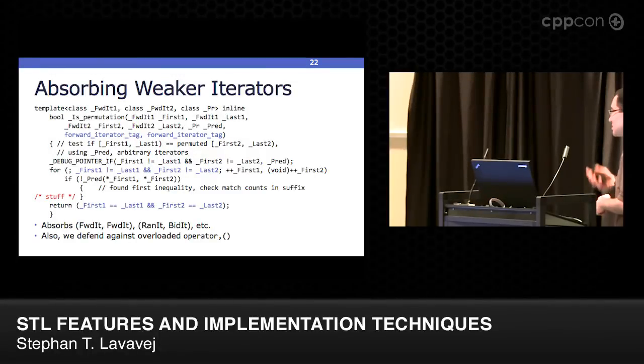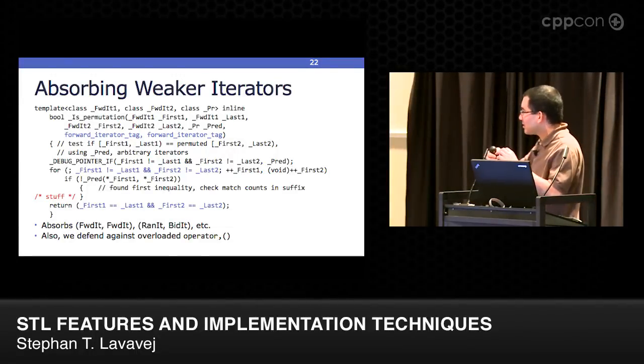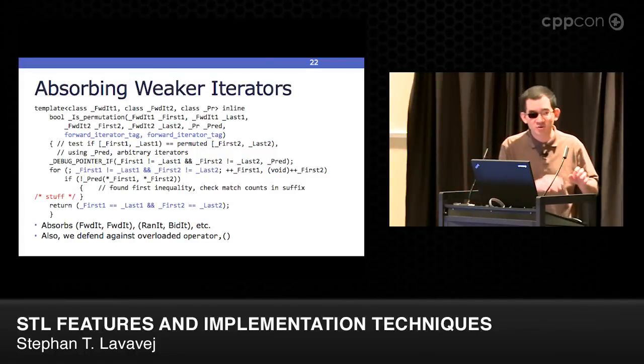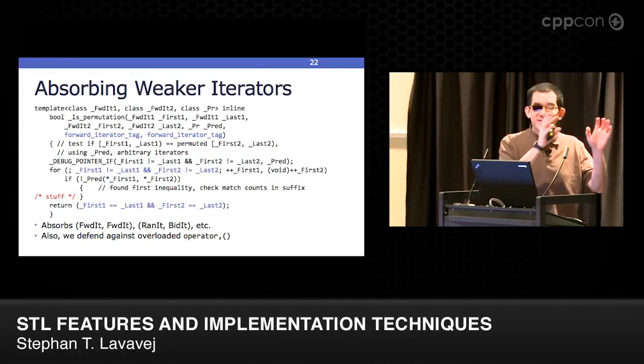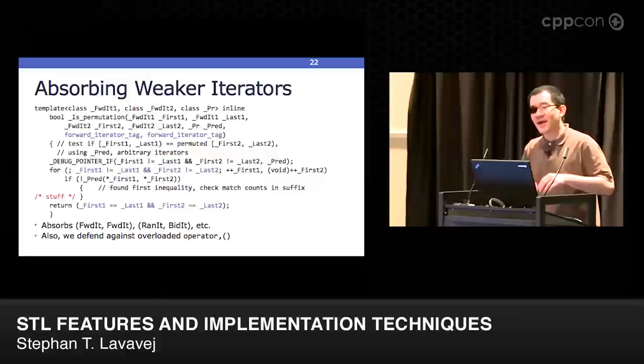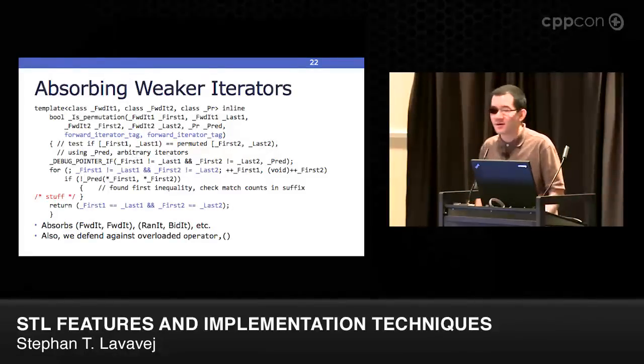Overload resolution, thanks to this inheritance tag hierarchy, ensures that we basically do a cool if test. If the first range and the second range are random, then call the overload that takes two random tags. If that's not the case, if one or both are weaker than random, then fall back to this forward case. Yeah, we're slicing the tags, but they're not virtual or anything. We don't care.